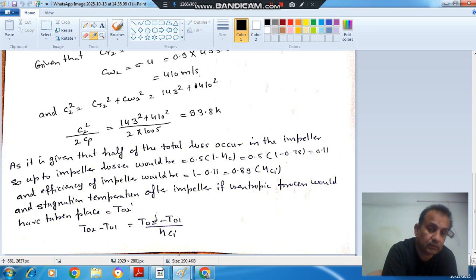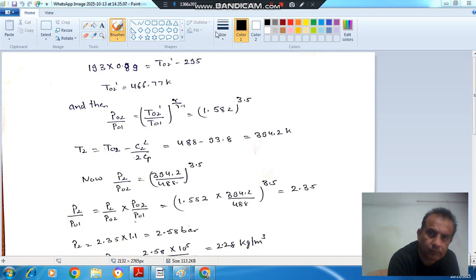So we divide by the impeller isentropic efficiency, then it will be equal to the actual stagnation temperature rise in the impeller. So as T03 is equal to T02, T02 minus T01 is 193, and efficiency is 0.89. So that will be equal to T02 dash minus T01, and T01 is 295. So from this T02 dash comes out as 466.77 Kelvin.